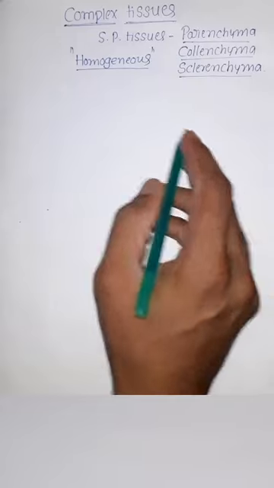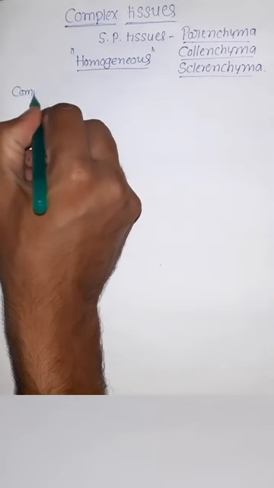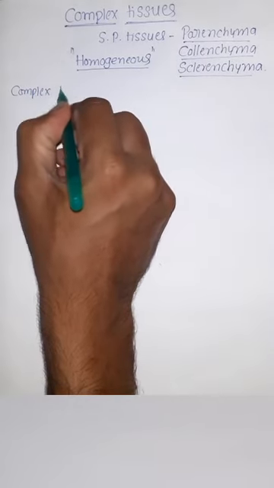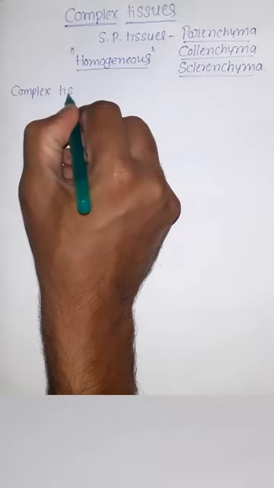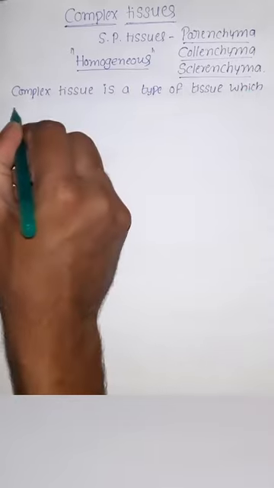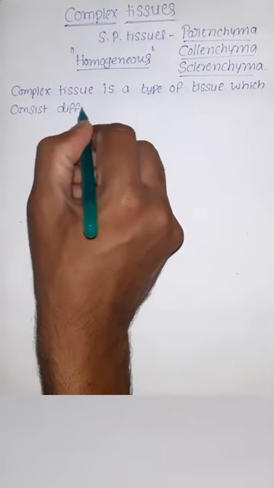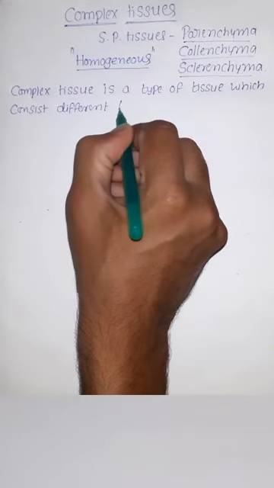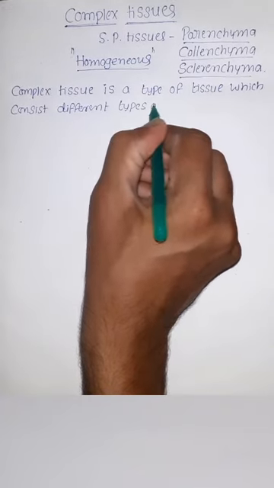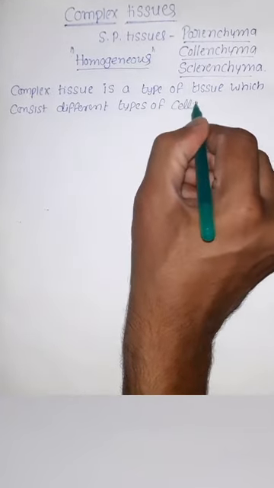Complex tissue is a type of tissue which consists of different types of cells.